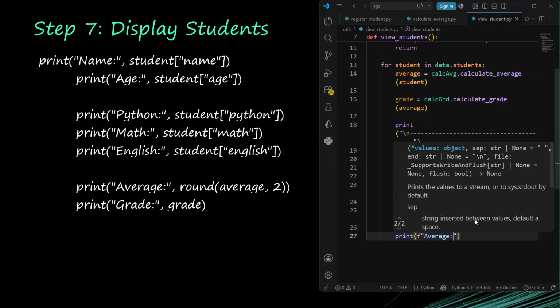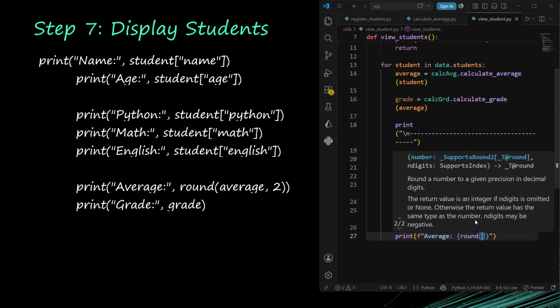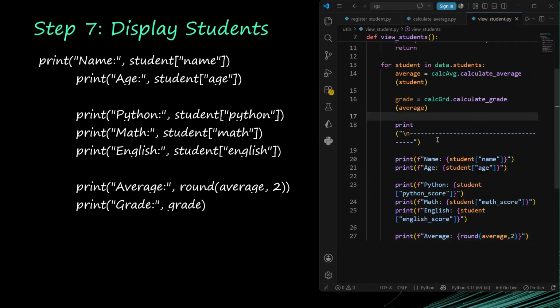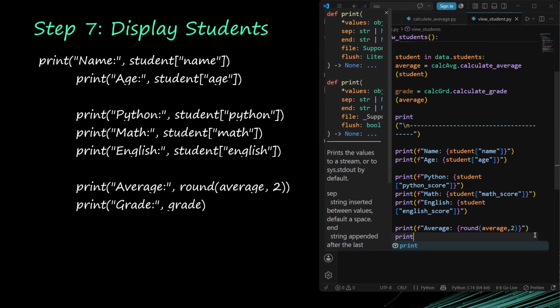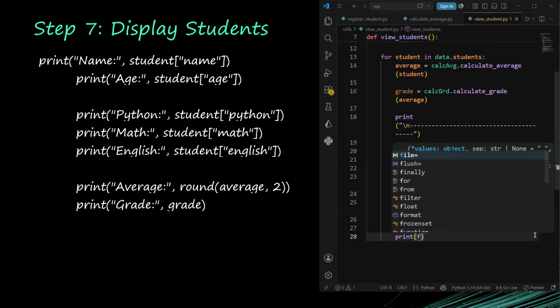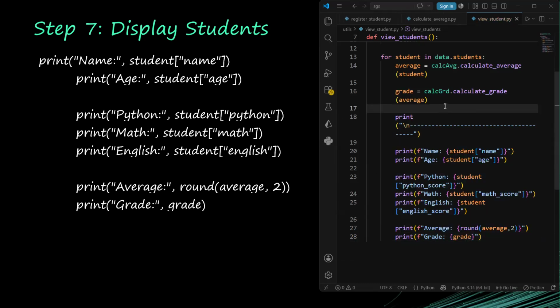No, no, no. So average is this, and then inside curly braces, we are going to use the round function to round whatever the average is to two decimal points, and then the grade. We'll print the grade, so we're also grading the student. Remember, I am using an f-string here. So this is cool, right?